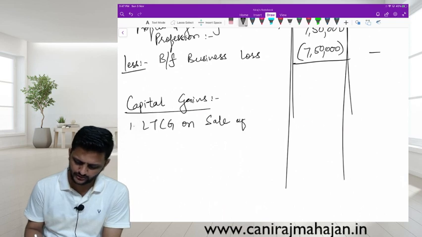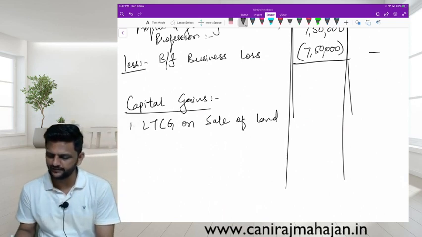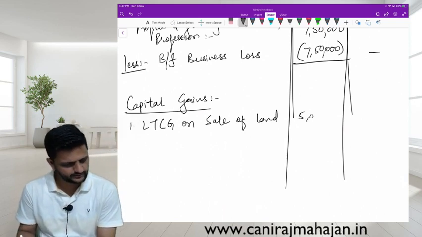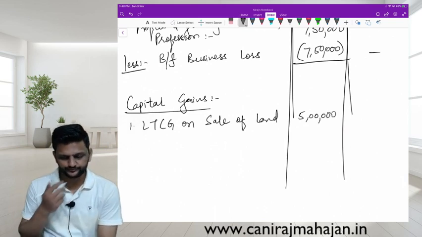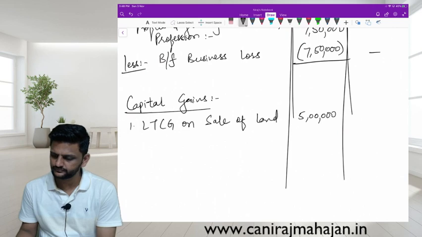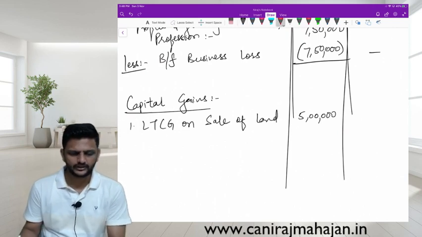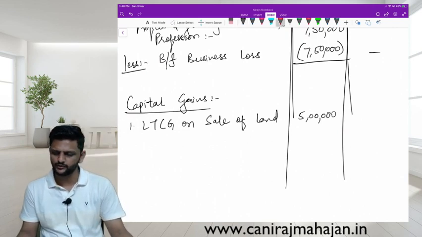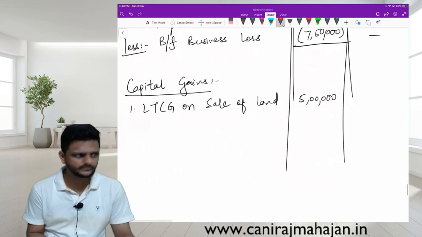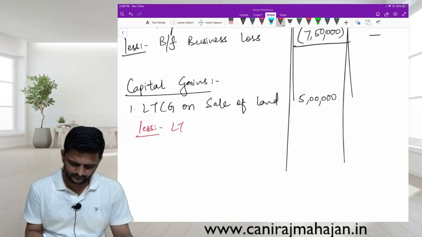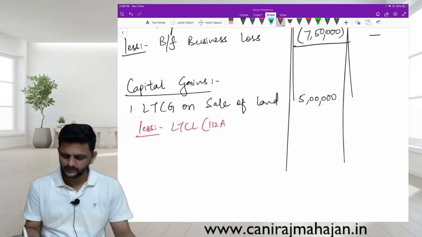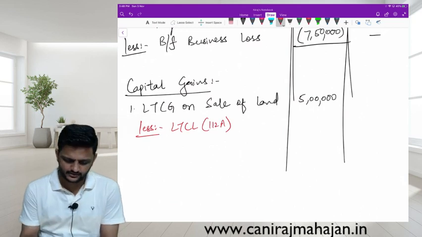How much? 5 lakhs. Alright. Correct, everyone? Less: loss how much? 3 lakhs. LTCL 3 lakhs.